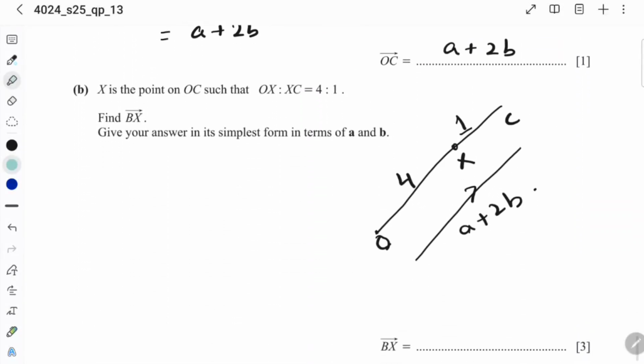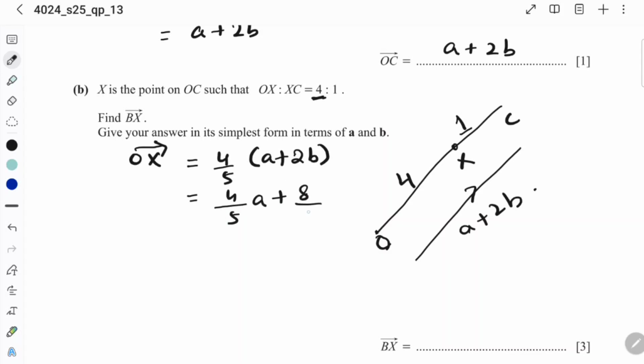The whole sum of the ratio, 4 plus 1, is 5. So the ratio of OX is 4 upon 5 of A plus 2B. So 4 upon 5 A plus 8 upon 5 B is OX.